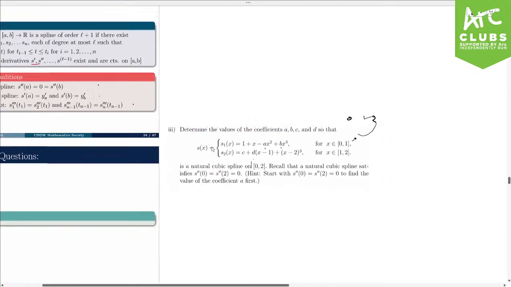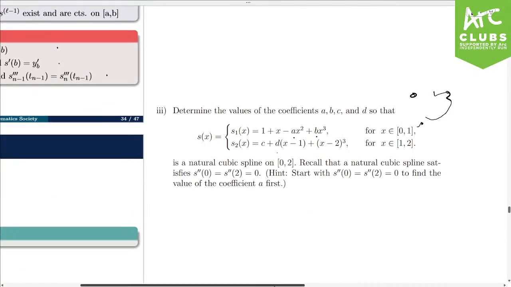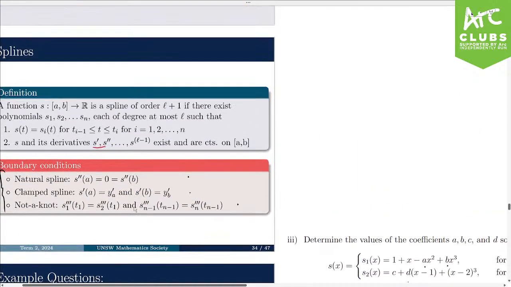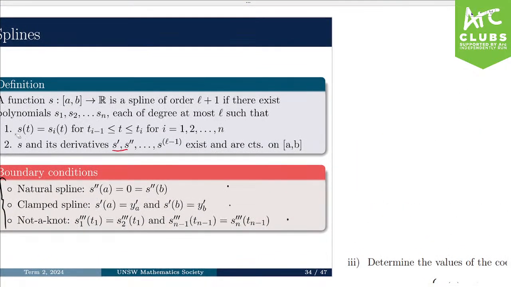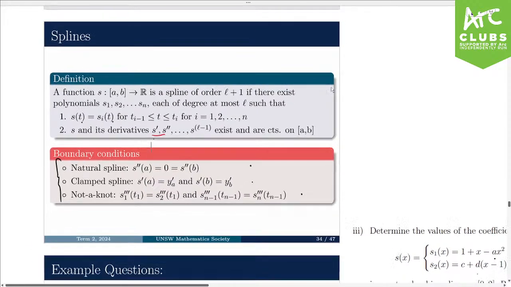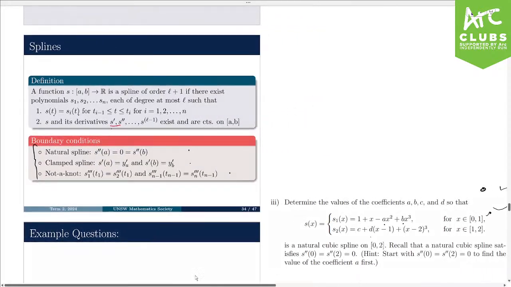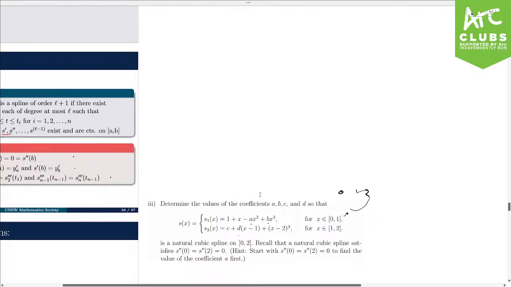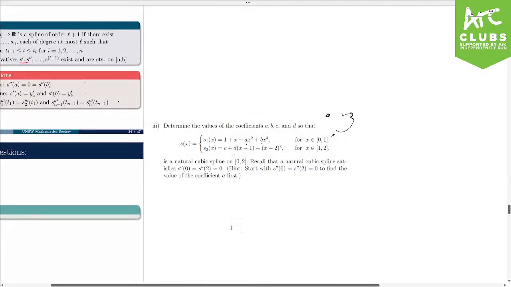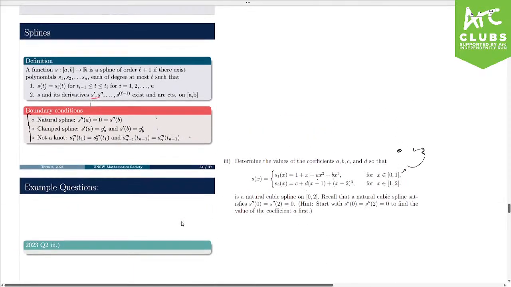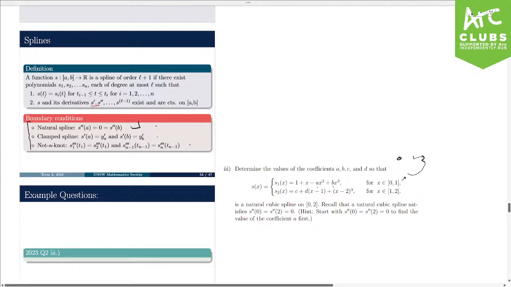Okay, so the information we have is that first it's a cubic spline, so the values at the connecting points should match, and the first two derivatives should also match. And the last piece of information we have is that it's a natural spline, so we have this condition.